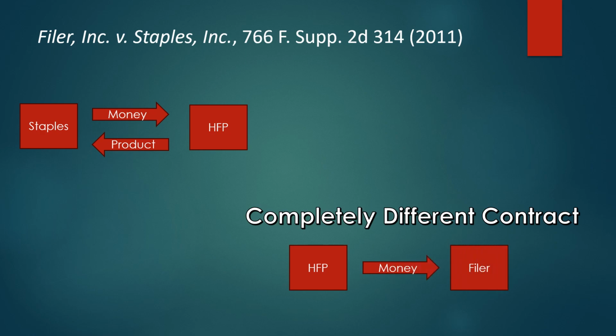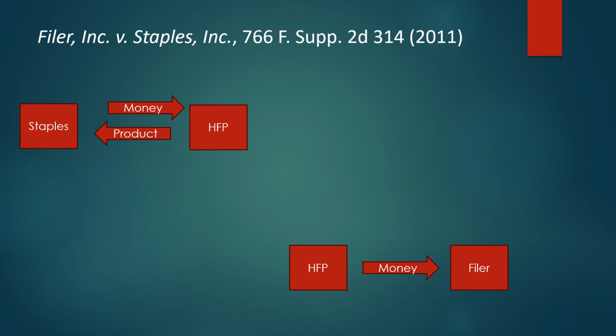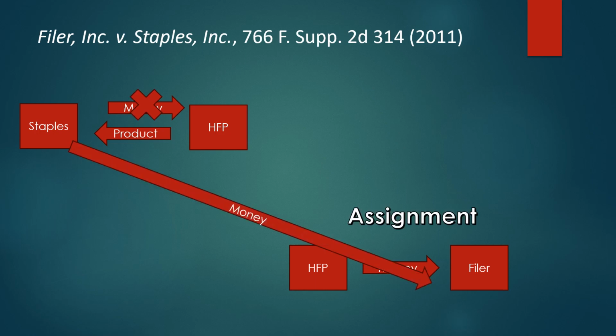So what they say is, hey, why don't I assign you the rights that I have for money that Staples owes me, and instead of Staples paying me, they pay you. So I'm still obligated to give them what I needed to under the contract, HFP, but now instead of Staples paying HFP, they're going to pay Filer.